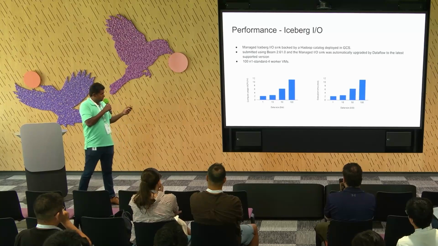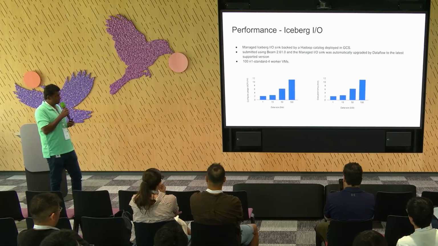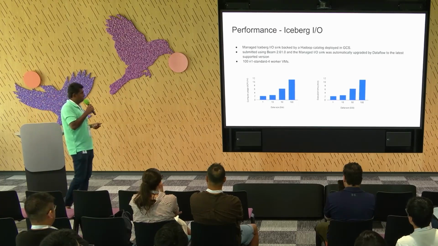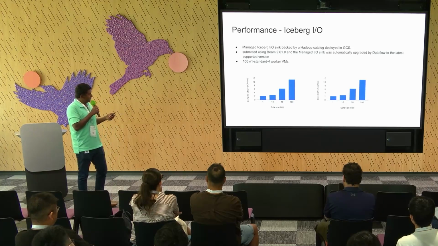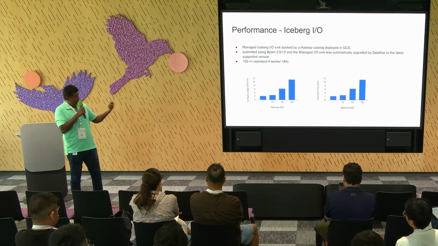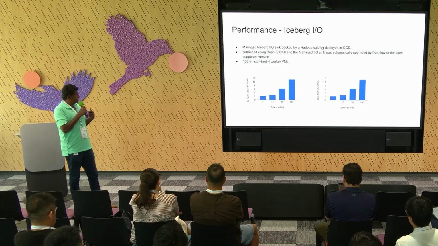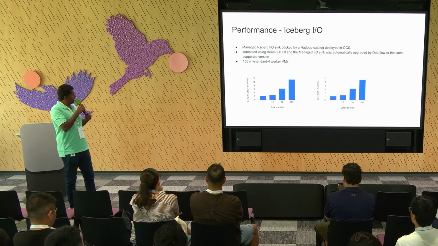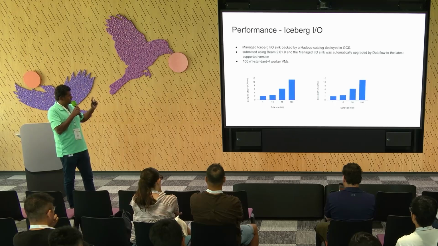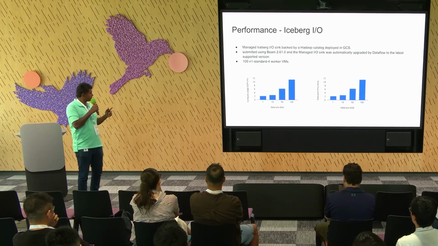Okay, so we ran some performance benchmarks to see how these upgraded jobs perform on Dataflow in some real-world scenarios. The first benchmark is a pipeline that read from GCS and wrote data using the managed Iceberg sink, which was backed by a Hadoop catalog deployed in GCS. This pipeline was submitted using an older Beam version, 2.60, and the service automatically upgraded the Iceberg sink to the latest supported version.